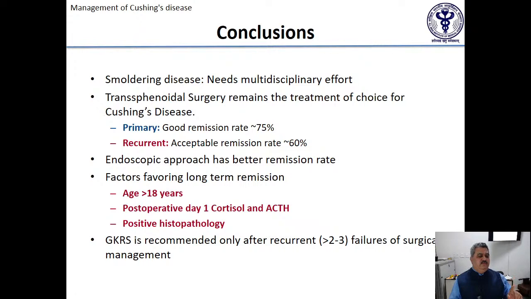For now, for the microadenoma, it may not be very helpful. But for the macroadenoma, which turned out to be something else, that's in a teaching hospital, I think one should take it, no problem.